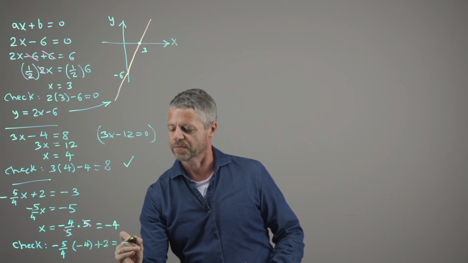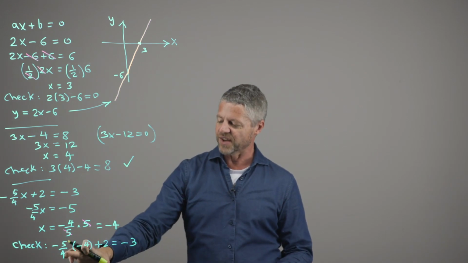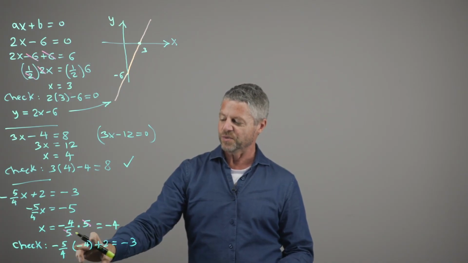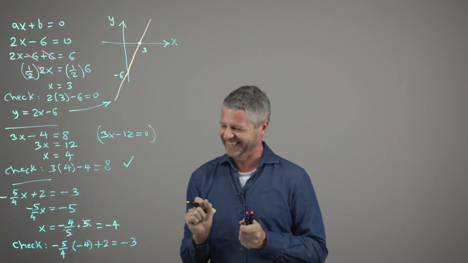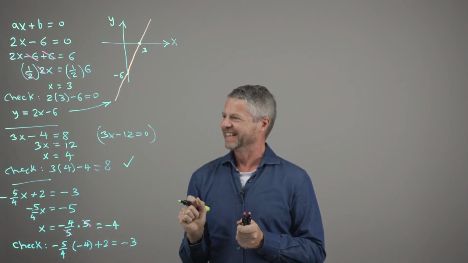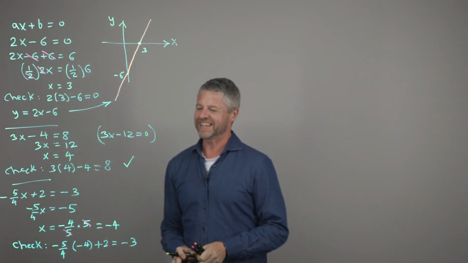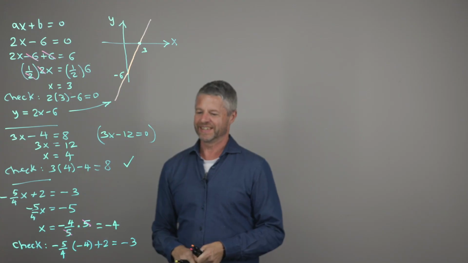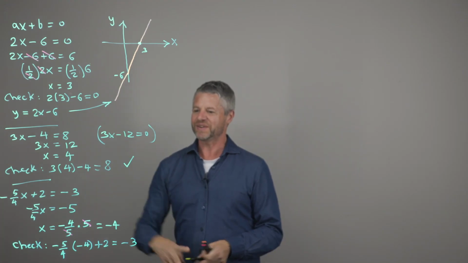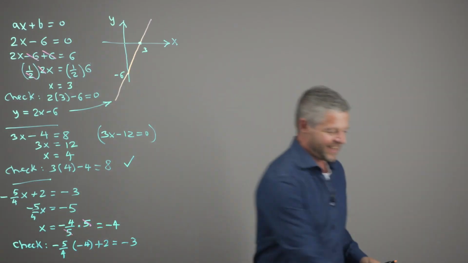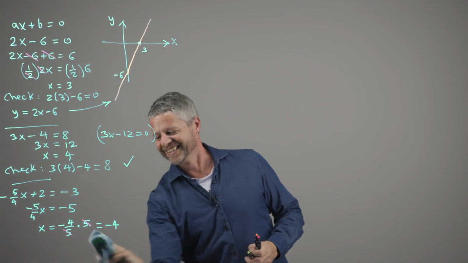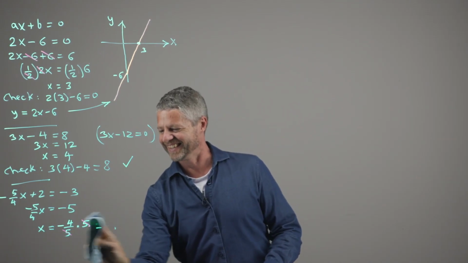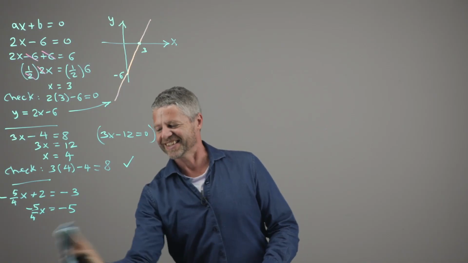And we want that to equal minus 3. So minus 5 over 4 times minus 4 would be plus, no. What am I doing? No, I'm doing something wrong. Oh, it's because I got a minus here. Okay, so we've got to go back to that part.